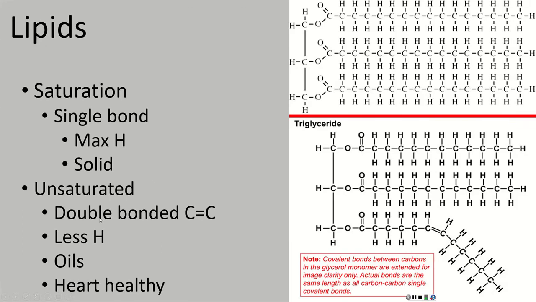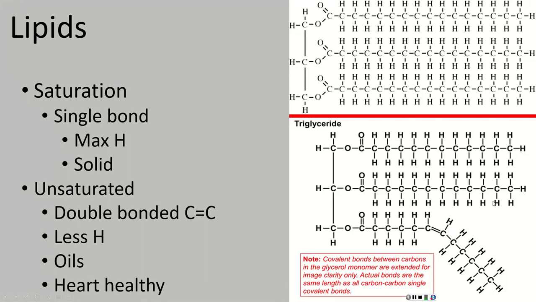The more double bond carbon-carbon we have, the less hydrogen we will have. And if we look at what it does, it puts a kink in the chain. When there is a double bond, it makes the chain bend. It puts a kink in the chain. The more double bonds there are, the more kinked up the chain will be.